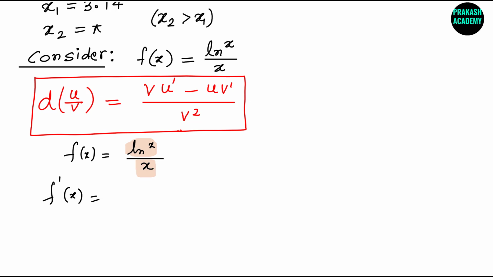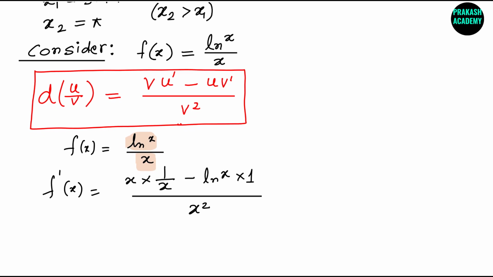So in the first step, I keep v as it is and differentiation of ln x is 1 by x, minus I keep the numerator as it is and differentiation of x is 1, and this is divided by the square of the denominator, that is x square. So f dash x will be simply 1 minus ln x divided by x square.